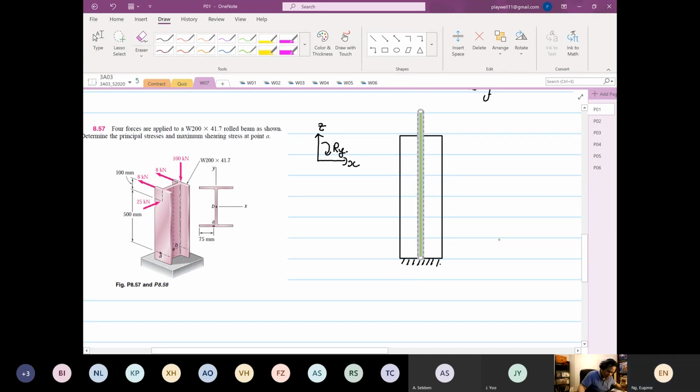Then a good practice is to sketch out your elements. From here we can view that this is your element A. Label them. With this view, your element B is just a straight line. So this is your element B. I'll follow what the book says; if it's small b, I'll use small b.